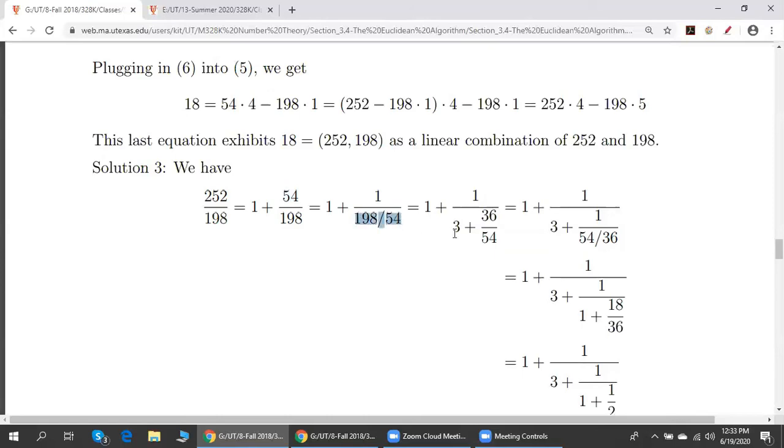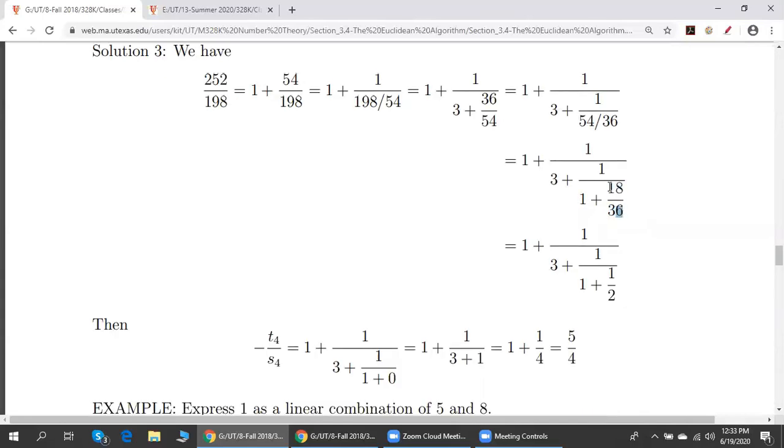Rewrite this as an integer plus the corresponding proper fraction. Flip it again. Apply the same approach. Note that this is 1/2. We stop. After that, we do the following.